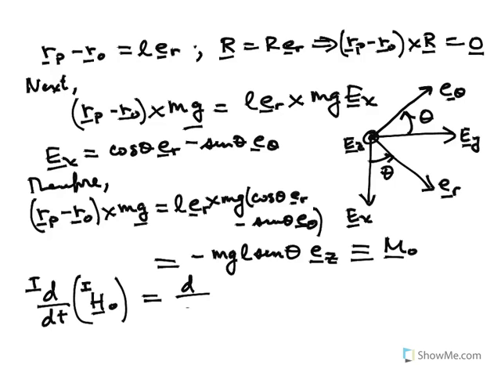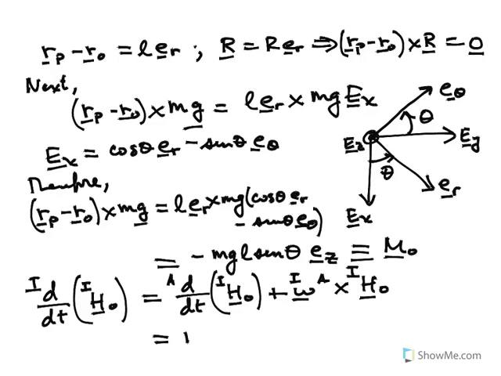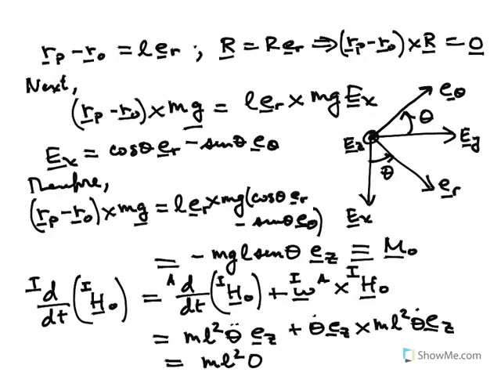And EZ is fixed in frame A, so this is equal to d/dt in A of H_O/I plus the angular velocity of A in I crossed with H_O in I. But this is equal to m L squared theta double dot EZ, and then theta dot EZ crossed with m L squared theta dot EZ, and this second term is equal to 0. So this is equal to m L squared theta double dot EZ.